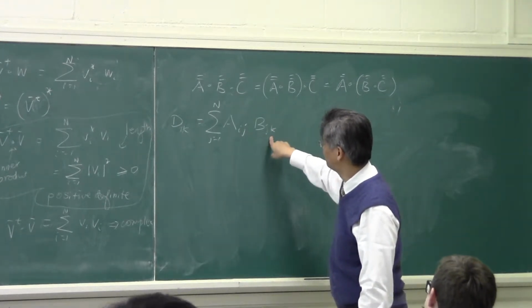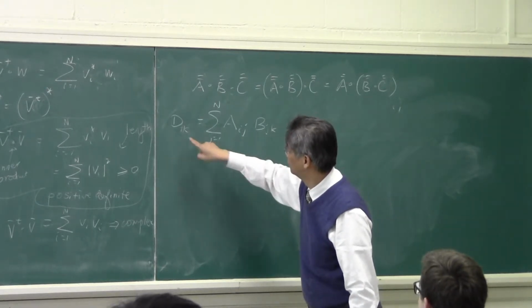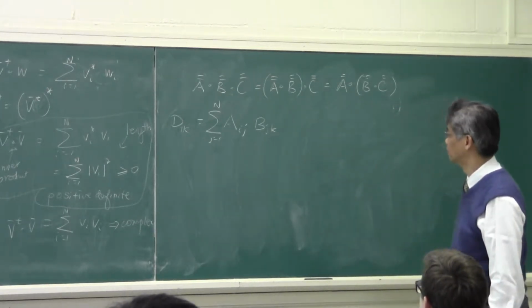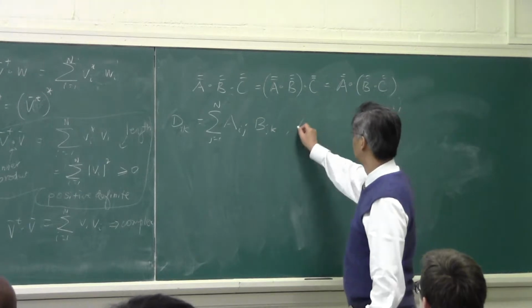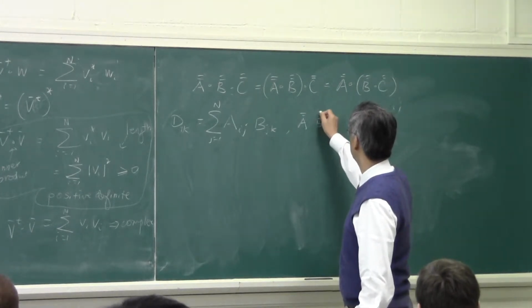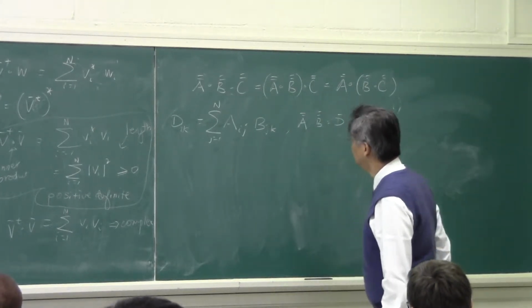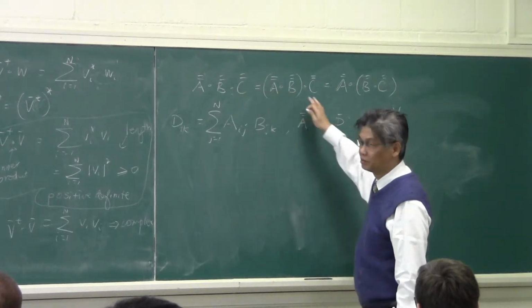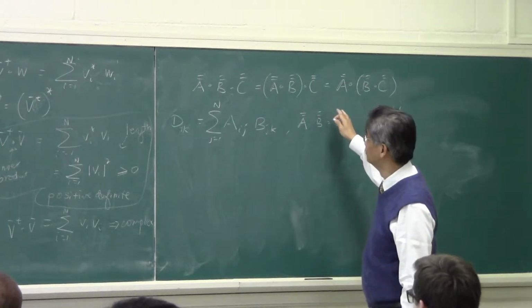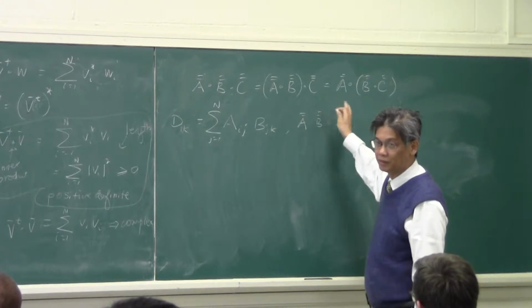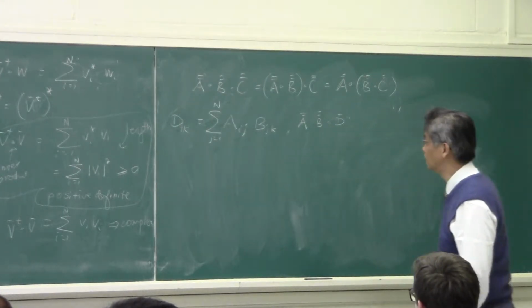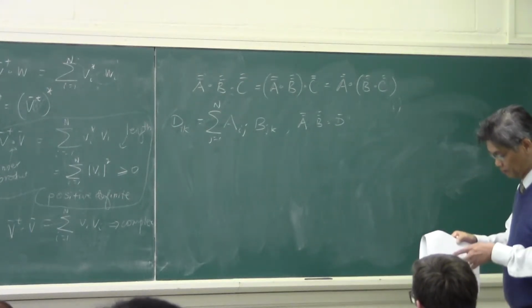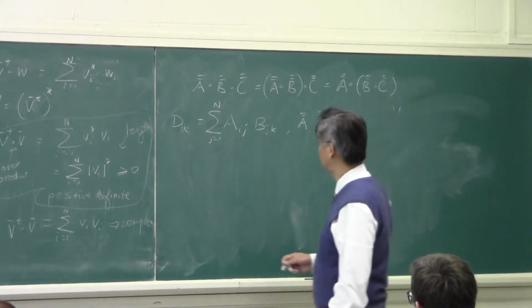The matrix product gives me two indices, and that is a matrix element. So this is the same as saying that A dot B equals C. You can go through this algebra, which I will not go through, to show the associative property of matrix product very easily.